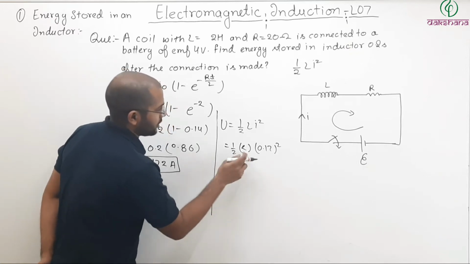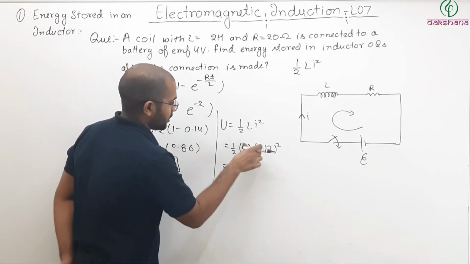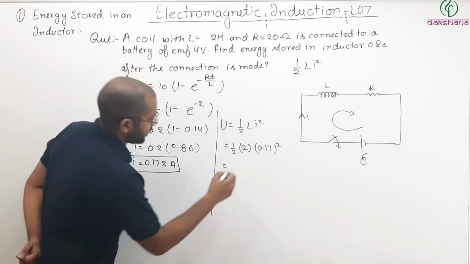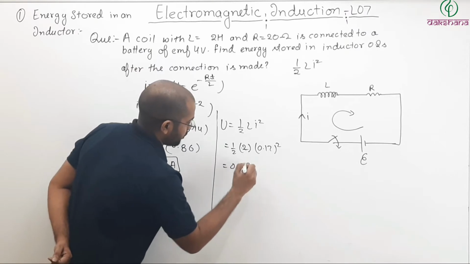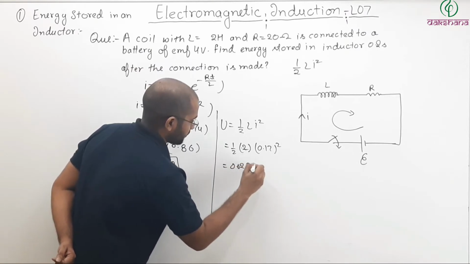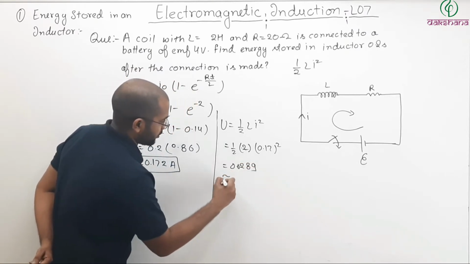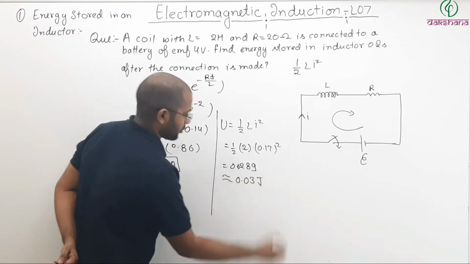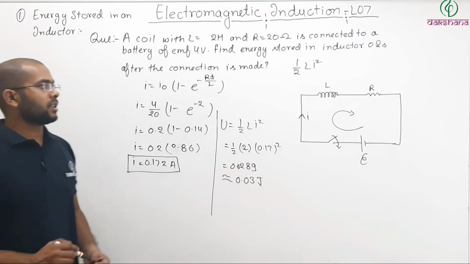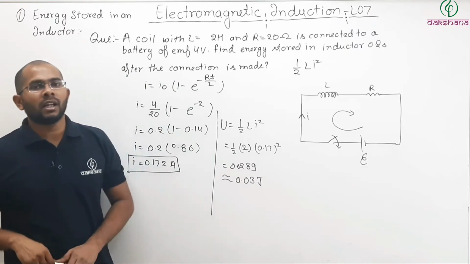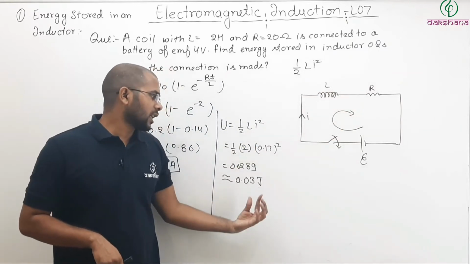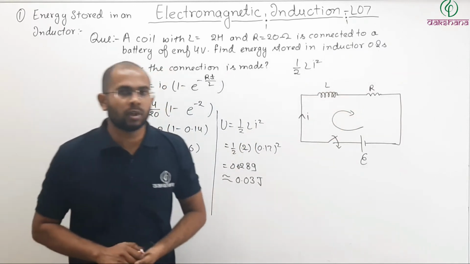So half into 2 is 1, and that is 289. So that will be 0.0289. And if you round it off, that will be around 0.03 joule. So energy stored in your inductor at t equals 0.2 second will be approximately 0.03 joule.